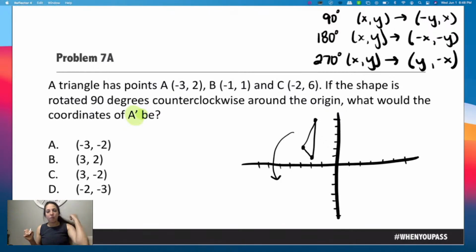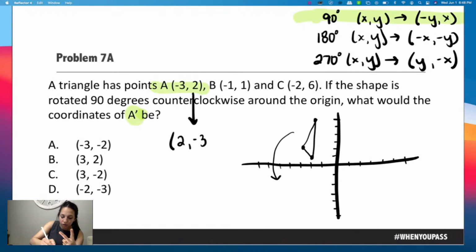So if I'm taking point A, -3, 2, and I'm rotating it 90 degrees, I'm literally going to flip my x and my y. So it's going to turn into 2, -3. And then my y is going to turn into a negative. -2, -3.